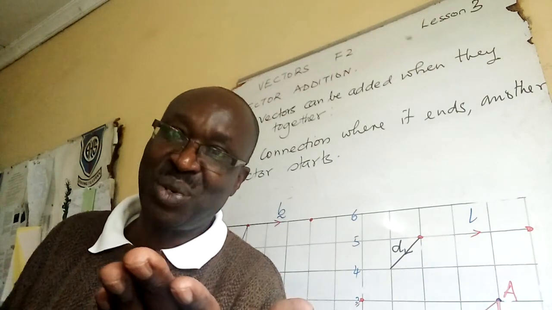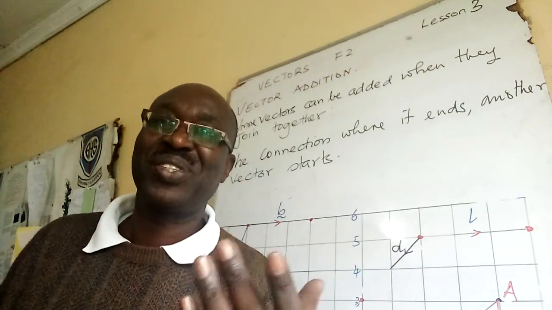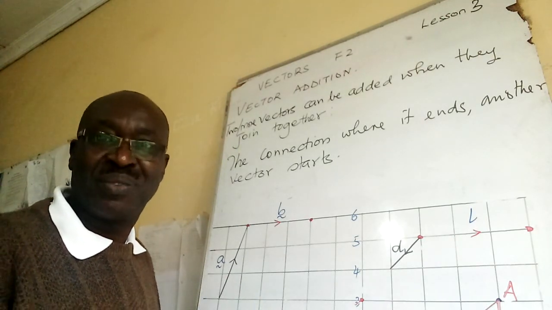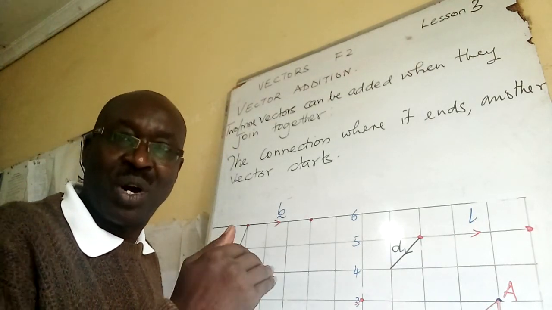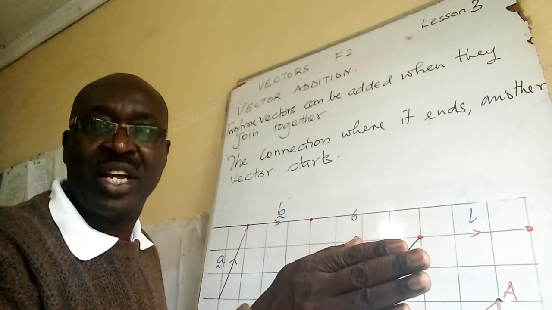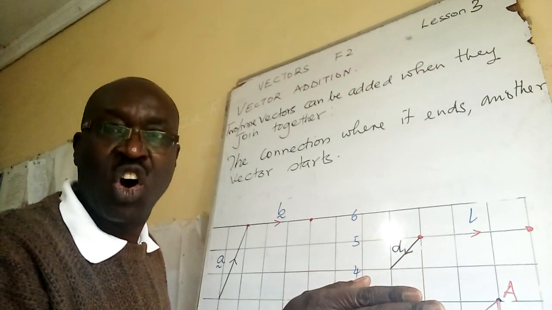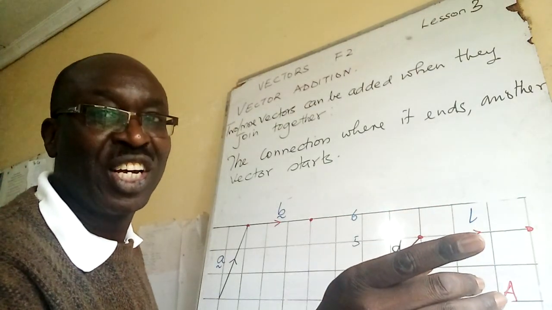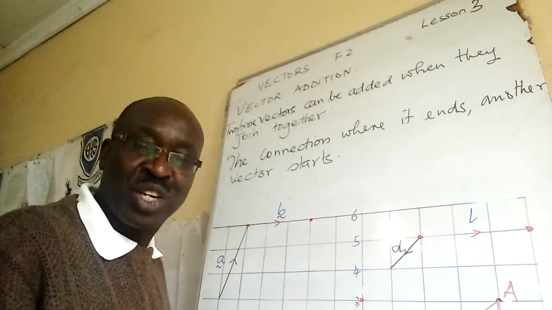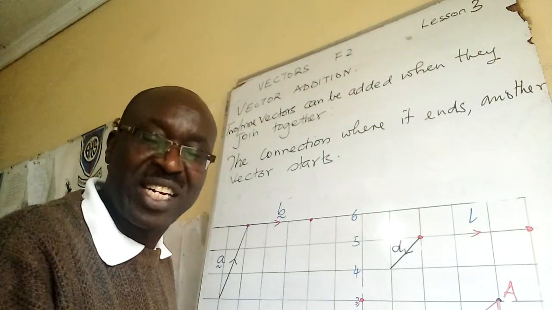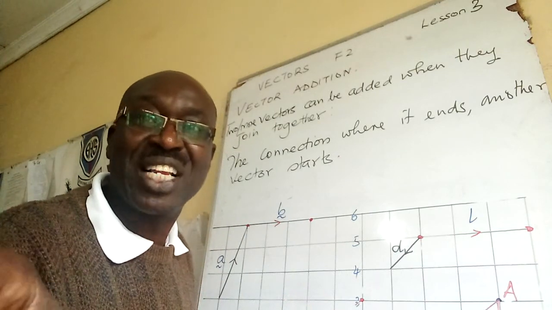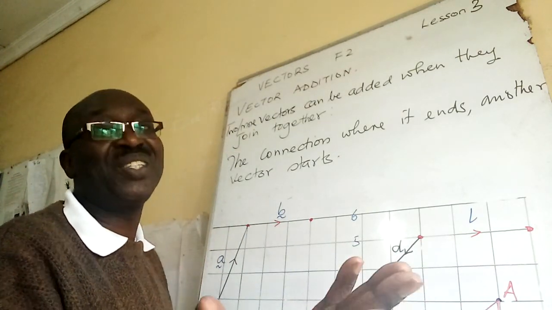Basically, that is what we call vector addition. From one point to another, then from there, find your way maybe to your destination or yet another point, and then connect until you reach your destination. Those pieces of movement that take you to a destination, in maths, vector addition.